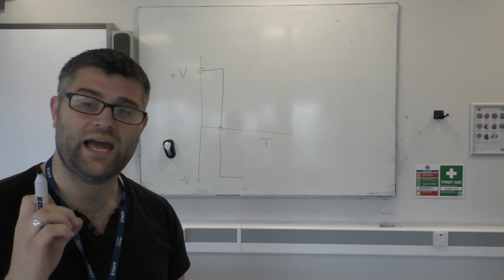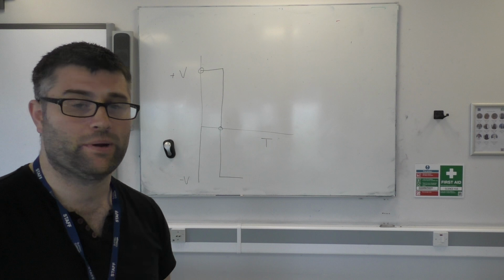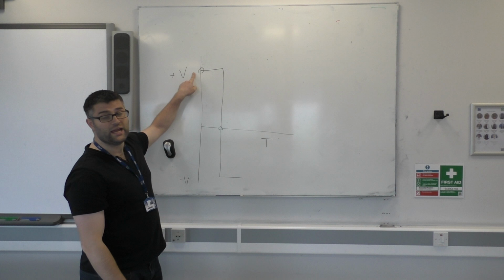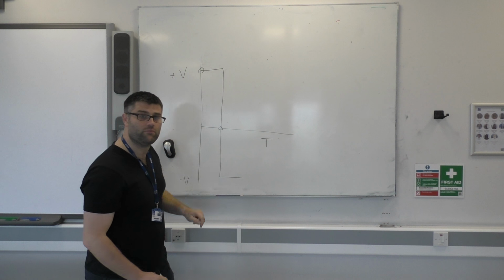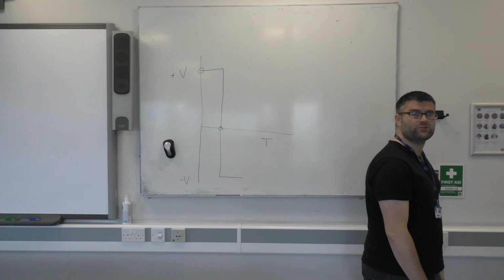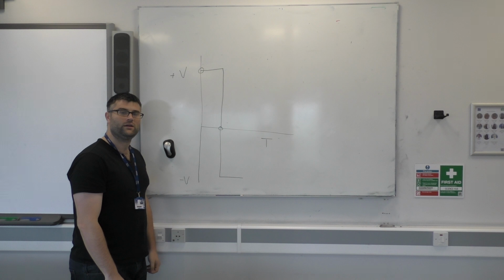It has magnitude and direction. So here, what we're saying is we were travelling in one direction with a positive velocity, and then we travelled back with a negative velocity.